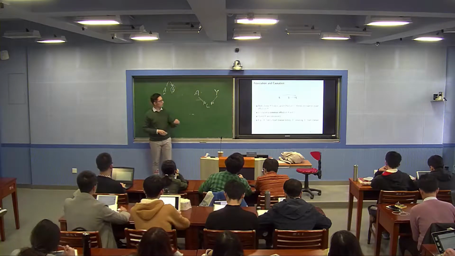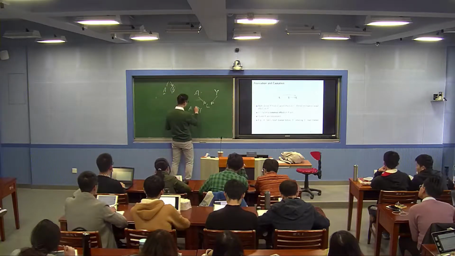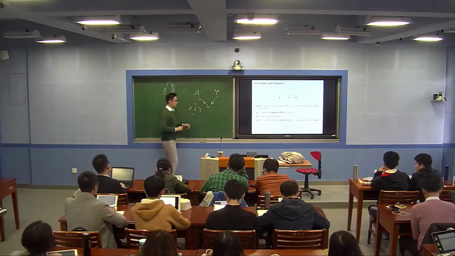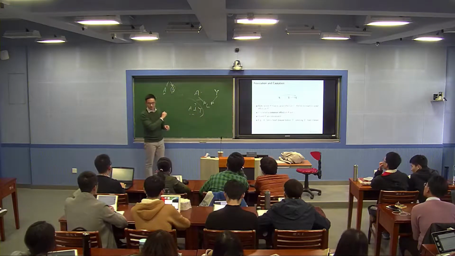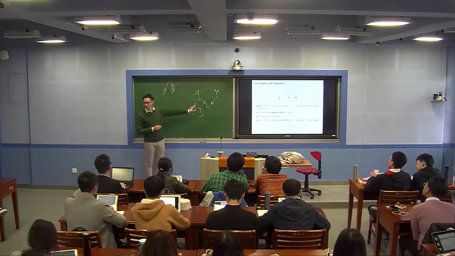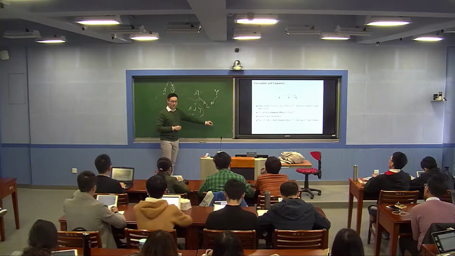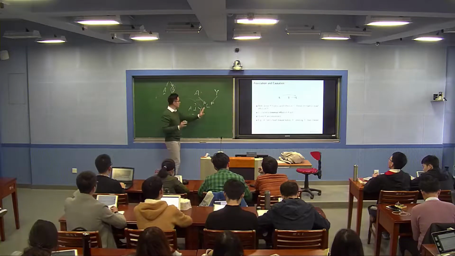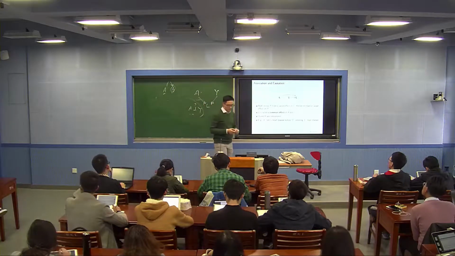If this is the case, are A and Y independent, or are they correlated? Independent or dependent? In this case, they're independent. There will not be any correlation. If they simply cause the same thing, it's okay. They don't have any correlation.